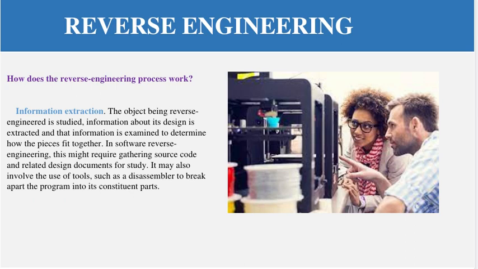It may also involve the use of tools such as a disassembler to break apart the program into its constituent parts. So the first part in reverse engineering is information extraction. Information means the documentation, the design, the flow, the source code, etc.